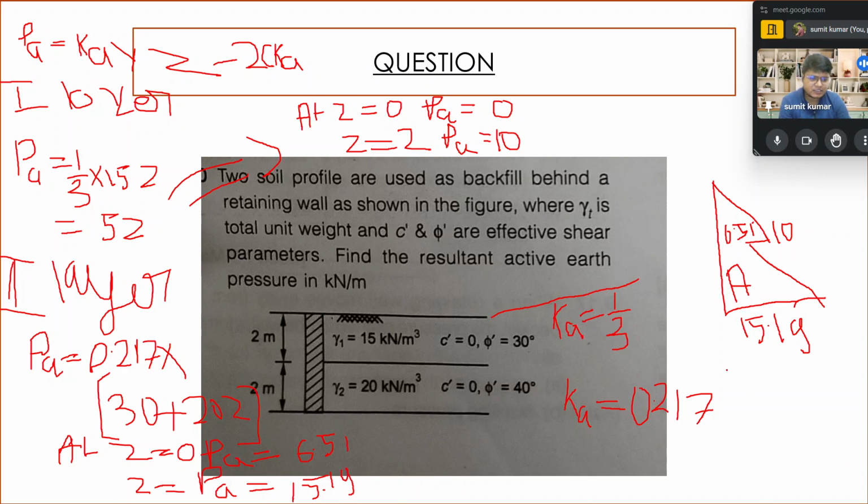When you calculate the area, you will get 15.19 plus 6.51 divided by 2 into 2, plus 0.5 into 10 into 2.